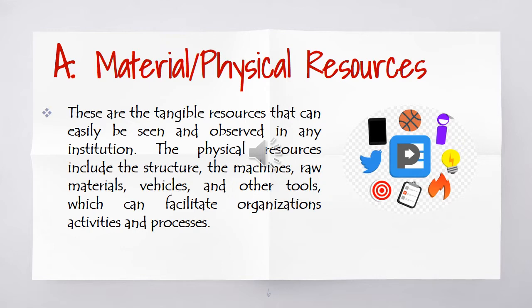The physical resources may not be the same in all organizations. In the educational system, the physical resources would include the classrooms, lecture rooms, staff offices, vehicles, health centers, library, laboratory, and so on, which directly or indirectly contribute to the achievement of goals.